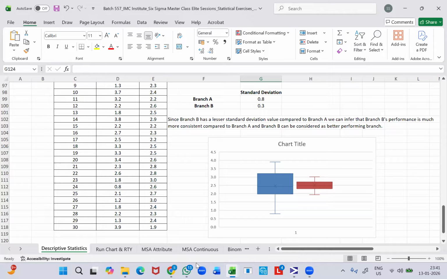As I told you, all these three metrics have some strong linkage. So even if one of the metrics has a variation percentage in excess of 10%, it's quite likely that the other two metrics also will have a variation percentage in excess of 10%, right?